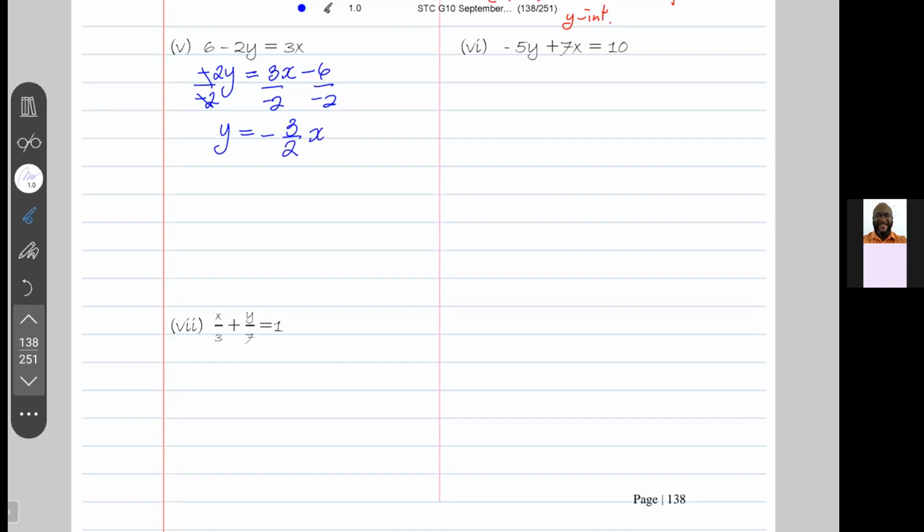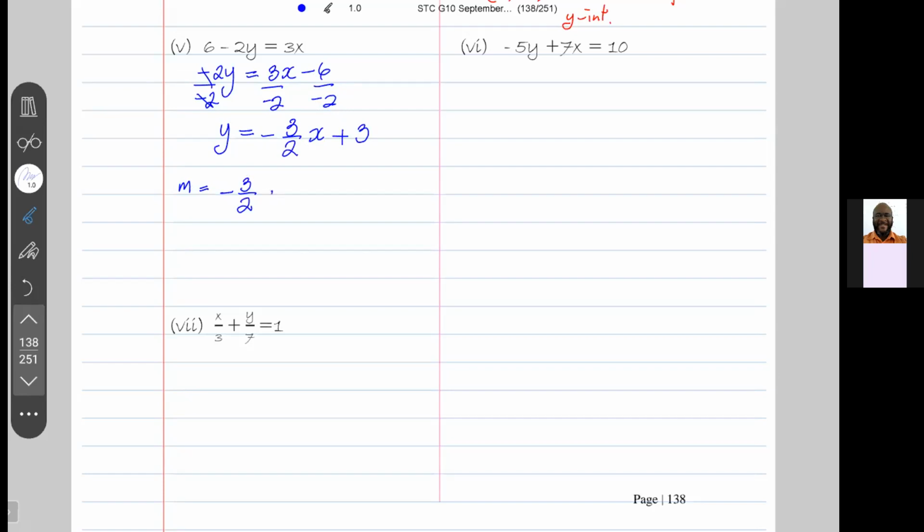Guys, a positive divided by a negative is a negative. A negative divided by a negative is a positive. 2 into 6 goes 3 times. So once in this form, m, the gradient, is minus 3 over 2. Correct your mistakes if you made any.